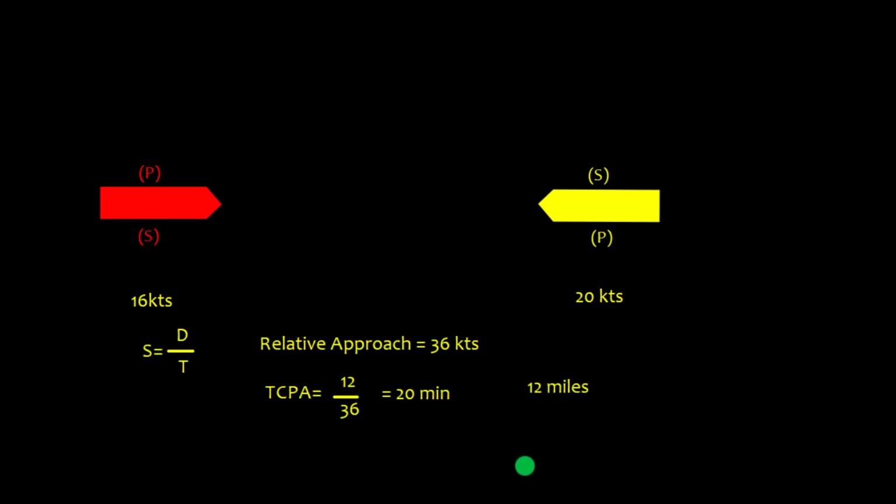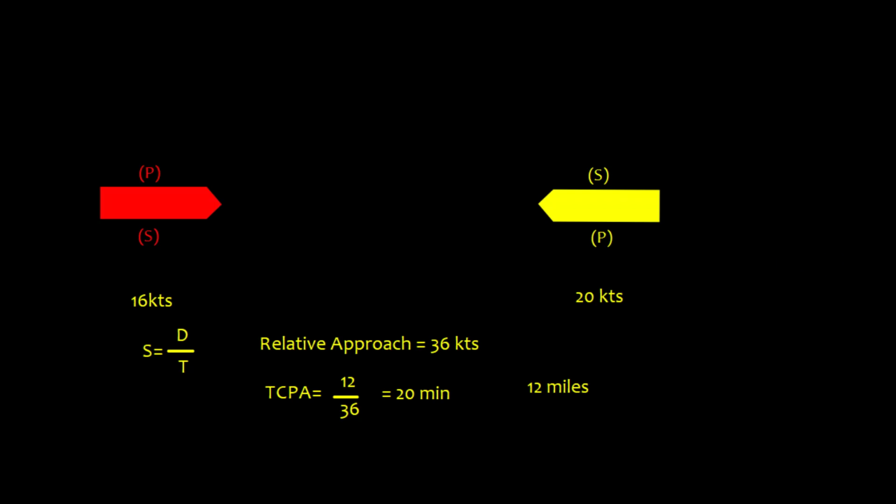Now let's have a practical scenario considering two vessels, and assume that these are fast moving vessels. One is having a speed of 16 knots, another one is having a speed of 20 knots, and they are moving towards each other. So what will happen?